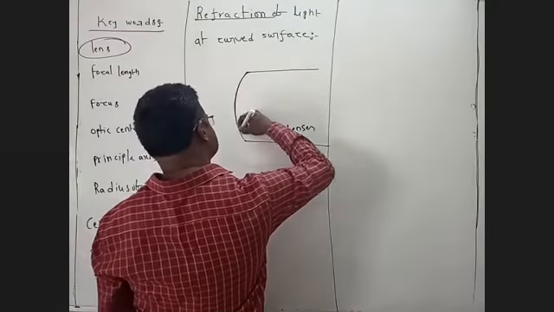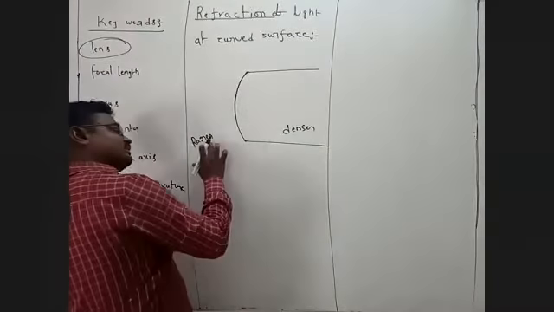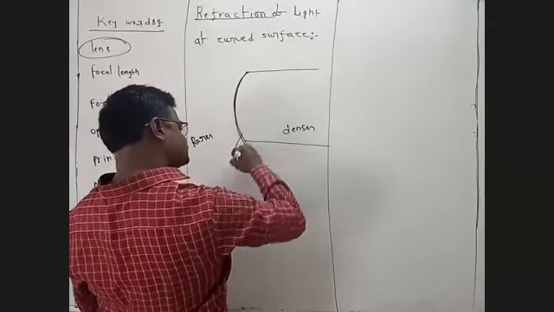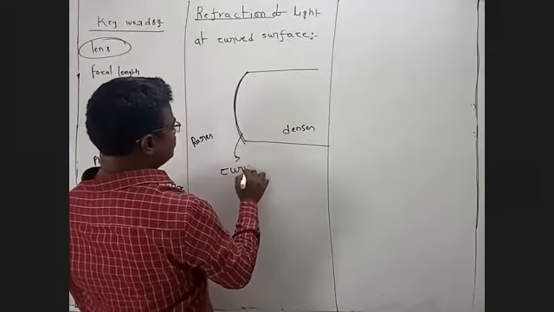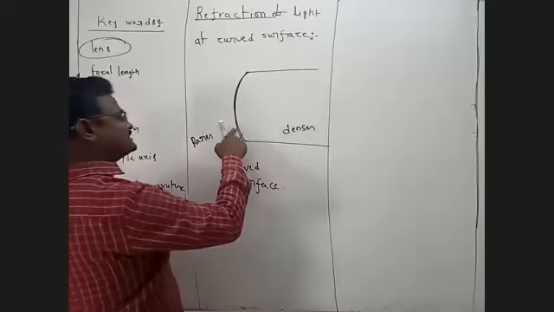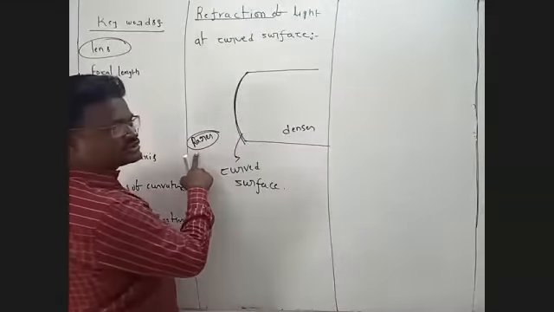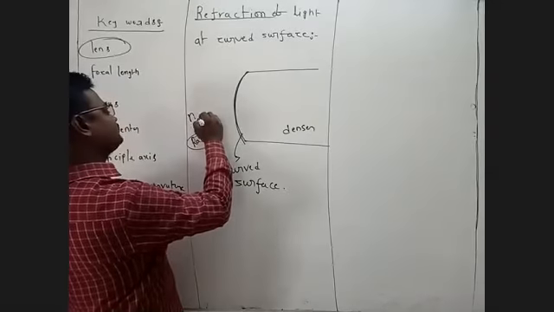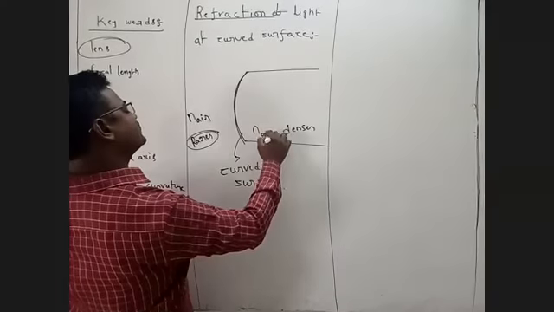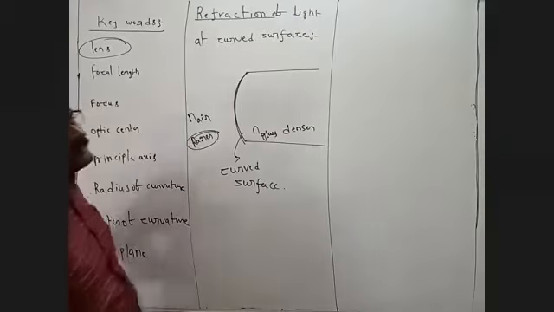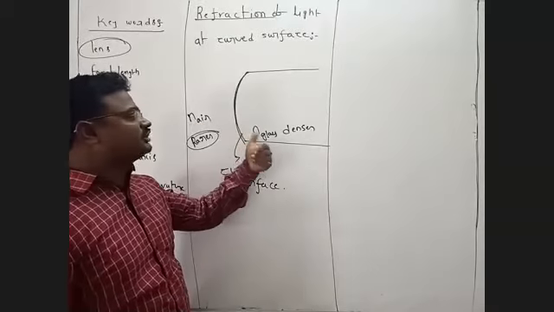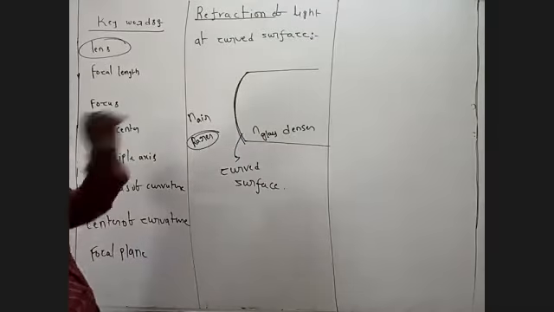This curved surface separates the rarer and denser medium. The curved surface separates the refractive index of the air and the refractive index of the glass. That is a curved surface.